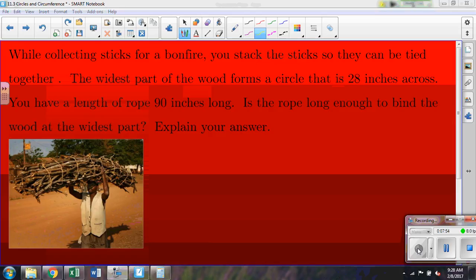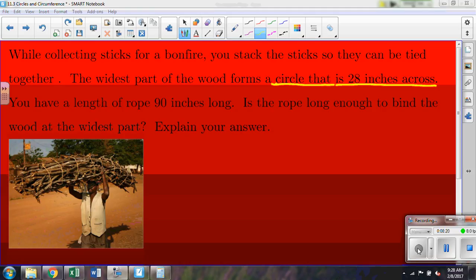Lastly, we've got sticks in a bonfire. Now, of course, if you're going to be carrying sticks, it's helpful if they actually hold together. And so you're going to create like a pile so that you can tie together. The widest part of the wood is a circle that's 28 inches across.